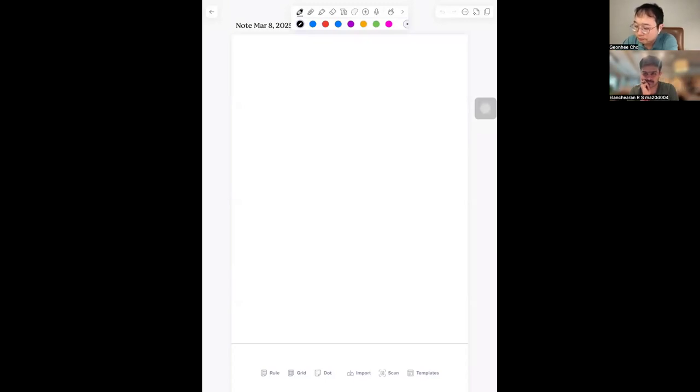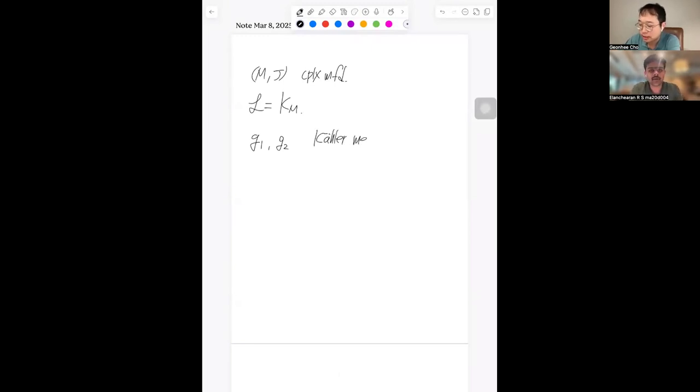So if you have the complex manifold, and this L is taken as a canonical line bundle, for example, let me choose g1 and g2 for simplicity. Let's assume we have two Kähler metrics. It doesn't need to be a Kähler metric for this description, but this gives some basic idea.